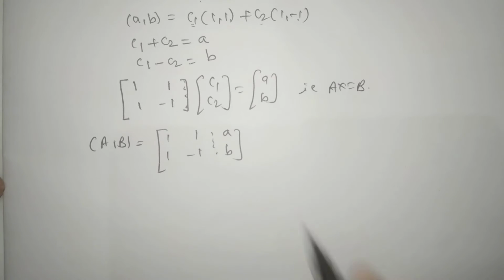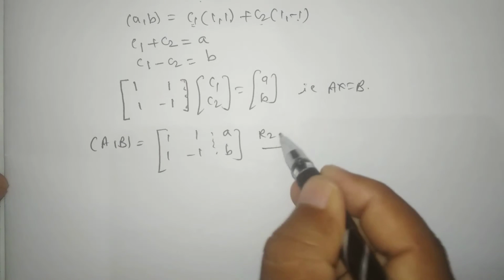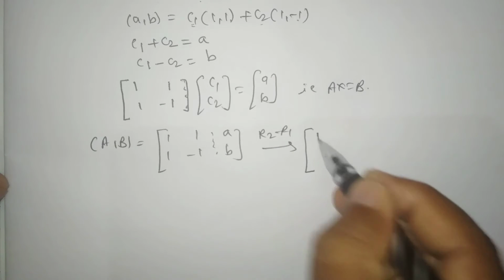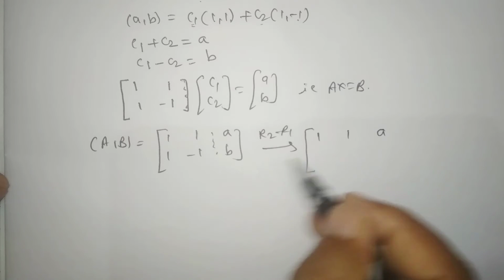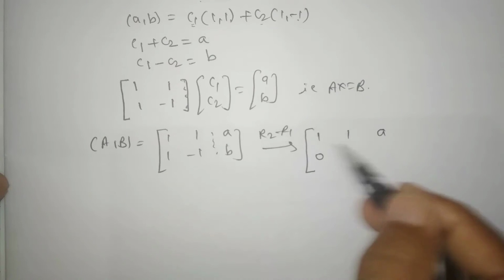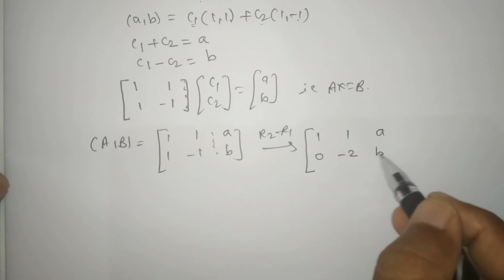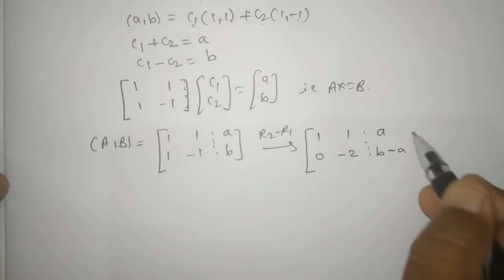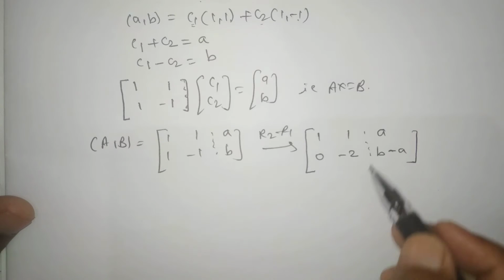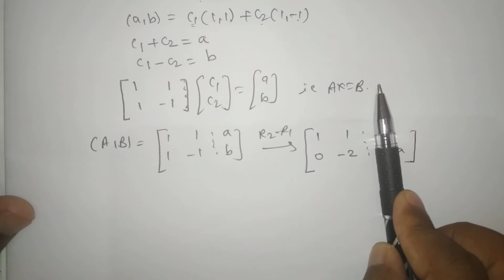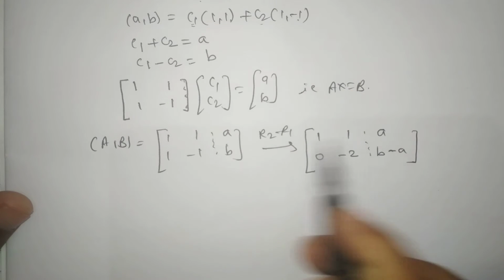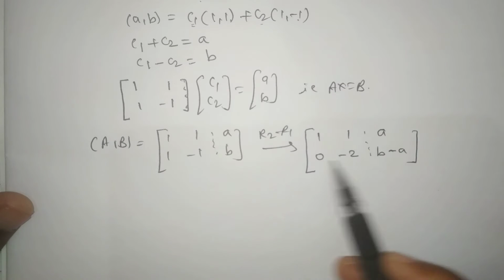Convert this into echelon form. The first operation is R2 minus R1. So we get 1 1 A in the first row; in the second row, 1 minus 1 is 0, minus 1 minus 1 is minus 2, and here B minus A. We get this matrix. So what is the rank of matrix A? It is 2. And the rank of the augmented matrix (A,B) is again 2.